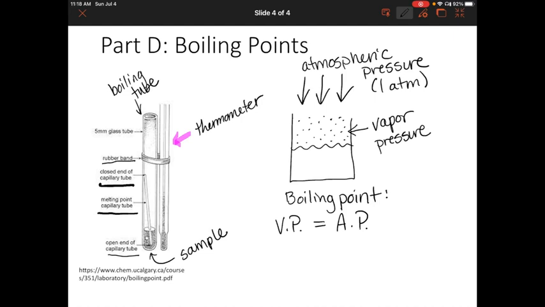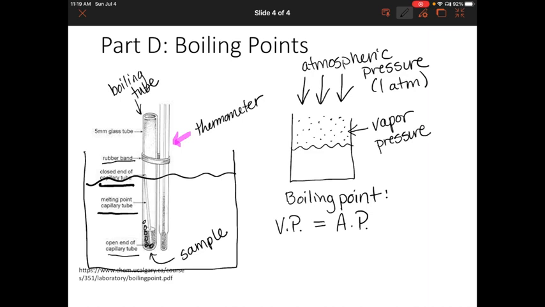Okay, so what we're going to do here is this entire apparatus will be in a beaker of water. And then we're going to use a hot plate to heat up the water, which will also heat up our sample in the boiling tube. Then at a certain point, you're going to notice bubbles coming out of the melting point capillary. So what's happening there is the melting point capillary is initially filled with air from the atmosphere.